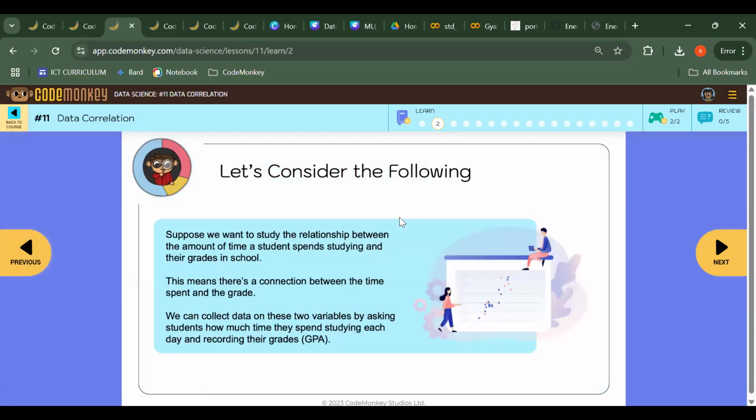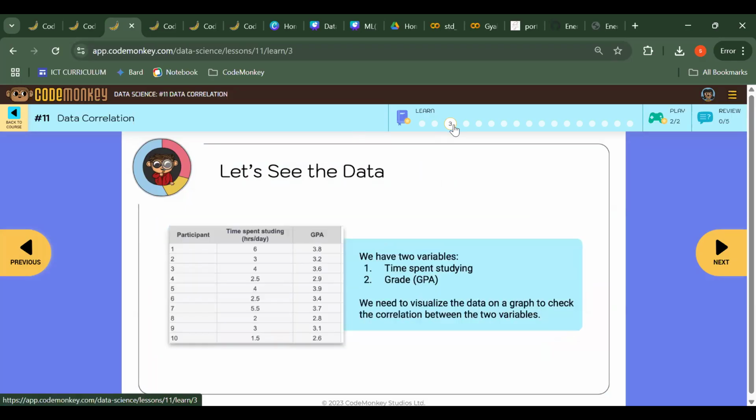And they have given examples here. Suppose we want to study the relationship between the amount of time a student spends studying and their grade in school. It's the same meaning I explained. Going to the next slide, here are the participants: enrollment number and time spent studying.